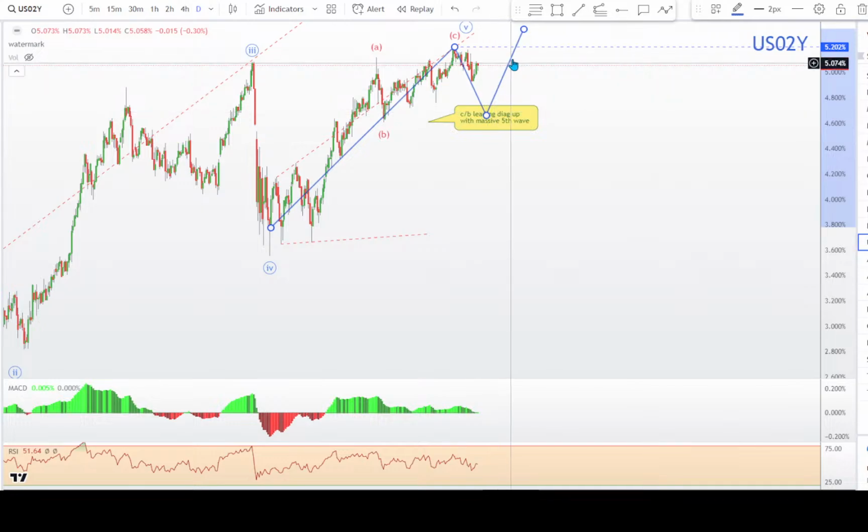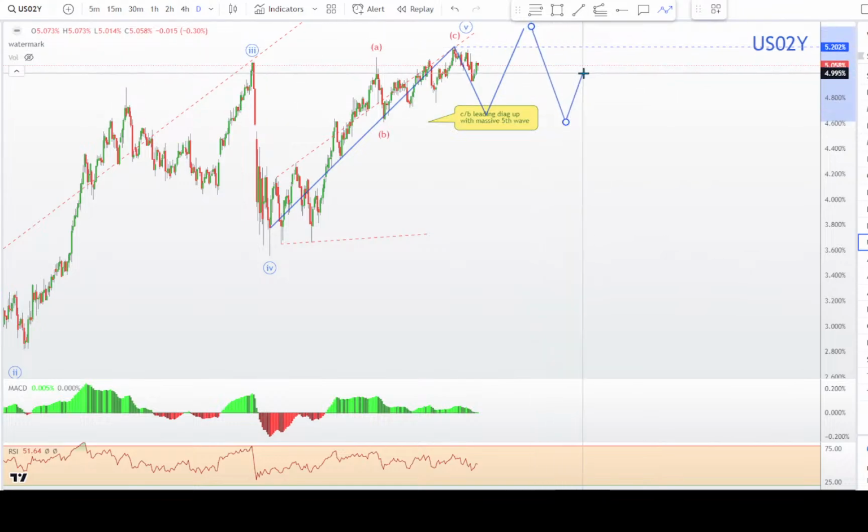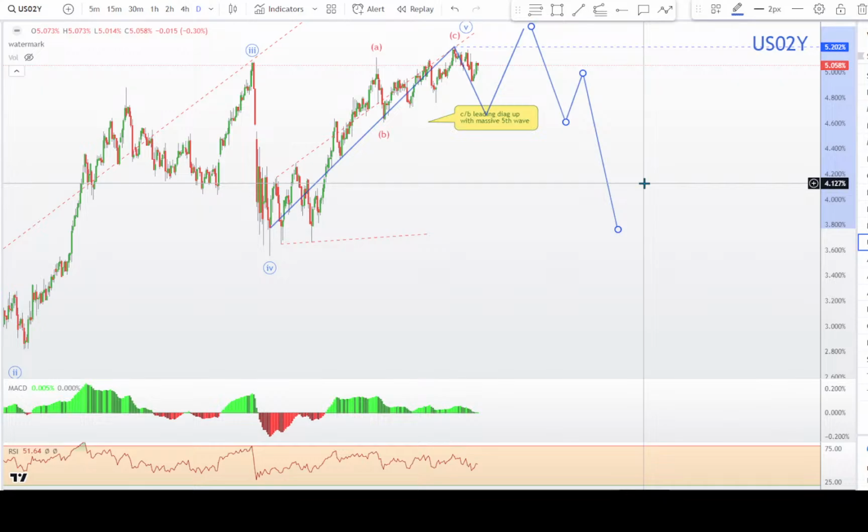And that back up move would coincide with the market selling off one more time, all of them creating their lows. And then this 5 wave move in the yield would be done somewhere up above 5.2. And then you get a big correction, and this big correction would coincide with the markets all rallying. So that's why I do see the yields aligning with what I see in the markets, and in the dollar too.